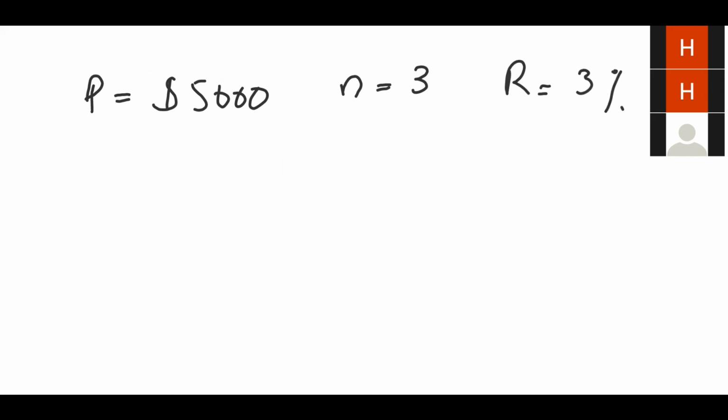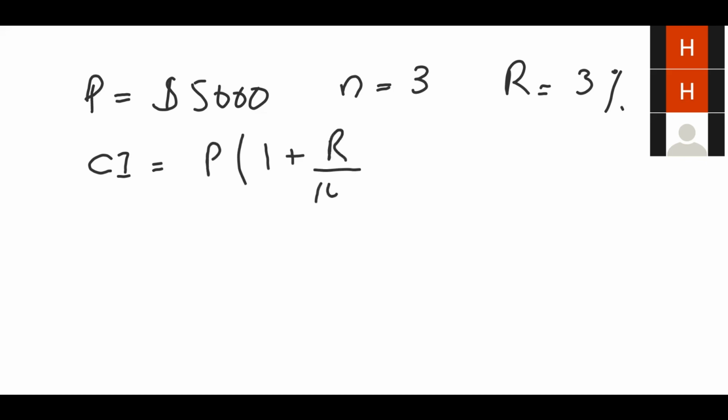We have to find the compound interest on this. The formula for compound interest was compound interest equal to P bracket open 1 plus R over 100, all to the power N, minus P.